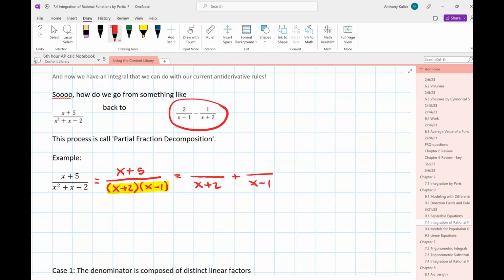When I add them together, I'll get the desired common denominator. Now, I don't know what those numerators are, so I'm going to just write them as variables, A and B.